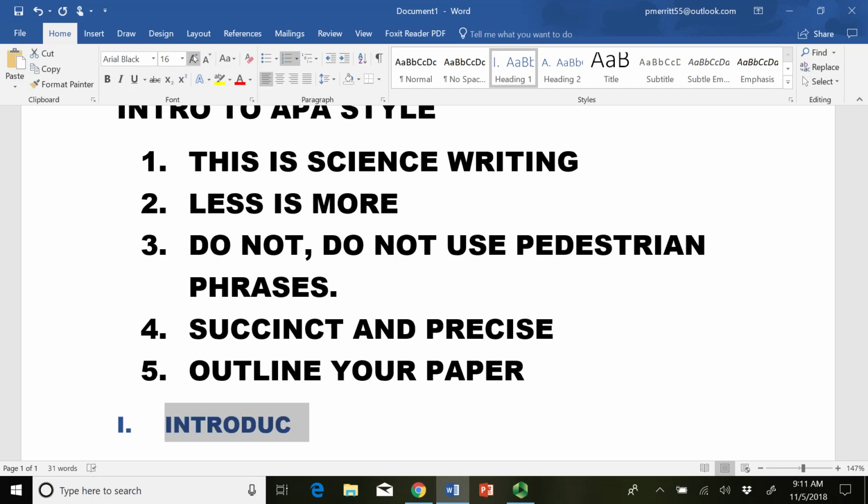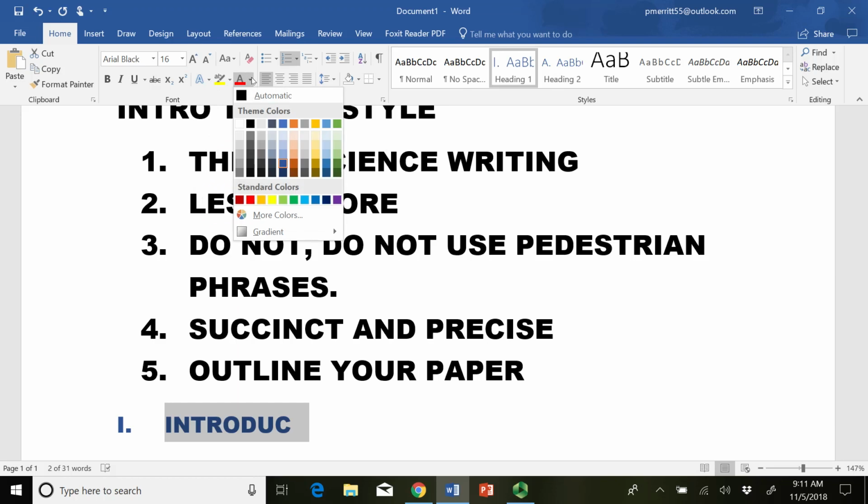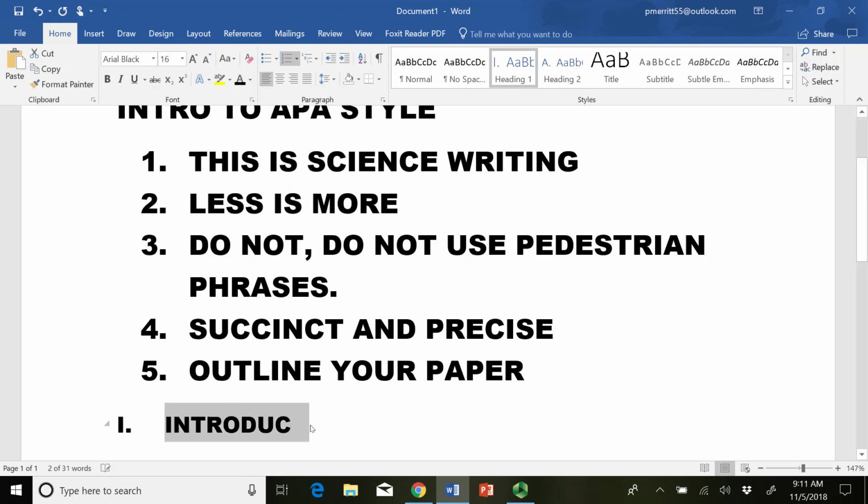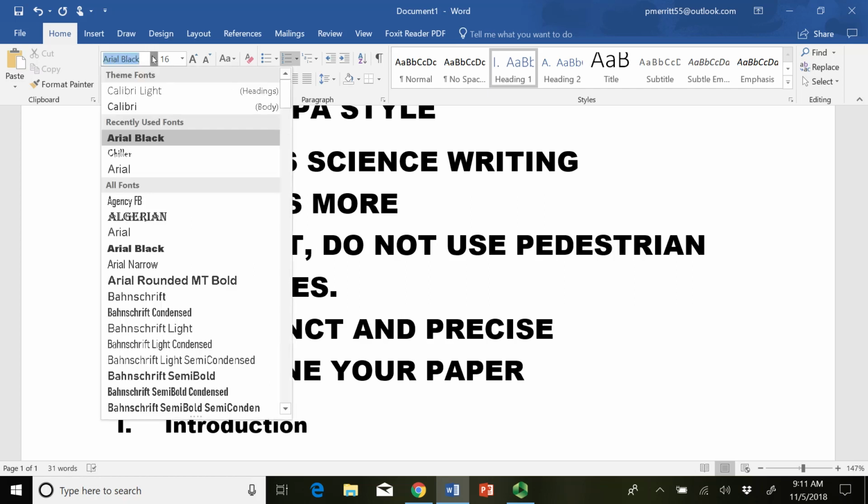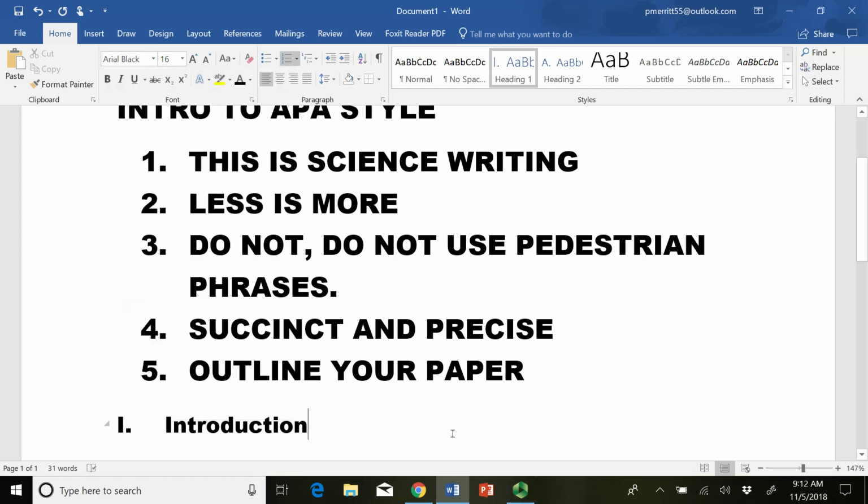You also won't use Arial Black, but I'm trying to do this so that you can see very clearly what to do. Remember, APA style is always a 10 to 12 point font, usually Arial, Times New Roman, or Helvetica, one of those, but I usually use just Arial because it's easiest to read.